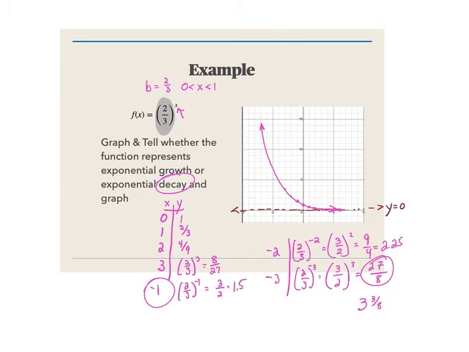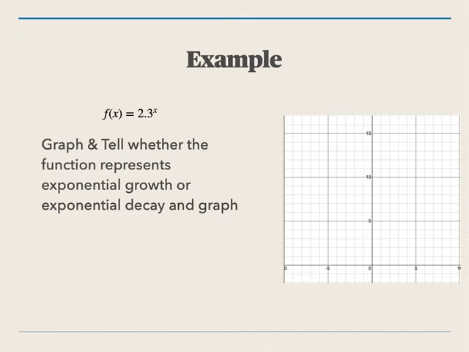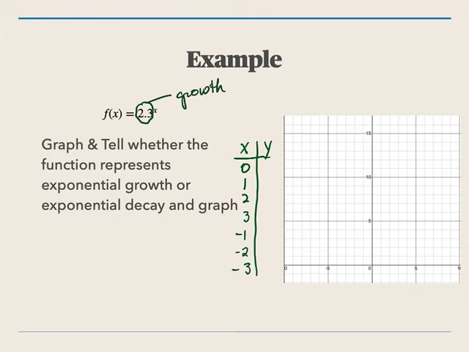Let's do another one real quick to show you how quickly you can do these. That thing is bigger than 1, so I know I have growth. So now I'm going to make a quick table to get a few values. 0, 1, 2, 3, -1, -2, -3. Now I'm going to get out my calculator for this thing in just a minute here.